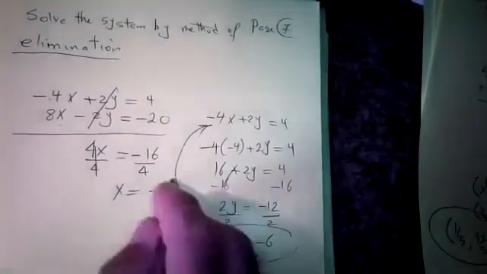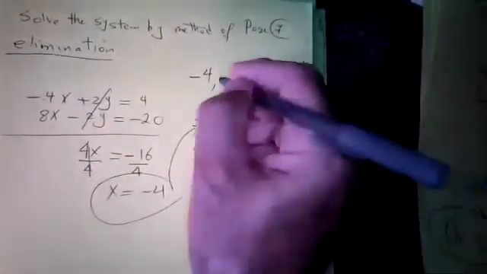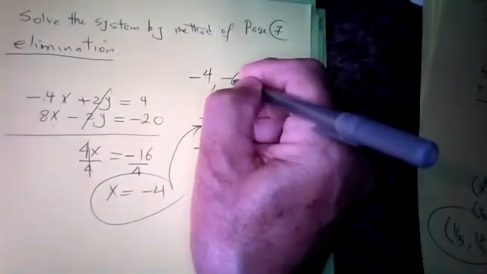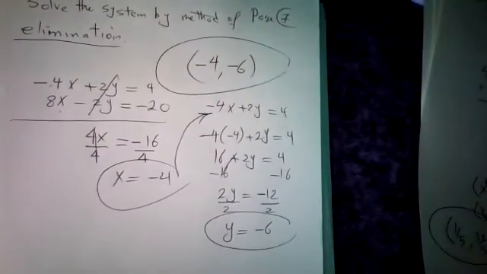So the point of intersection is what? It is -4 for x and -6 for y.